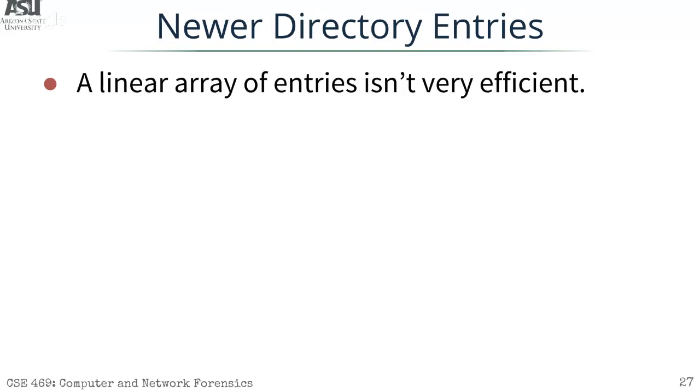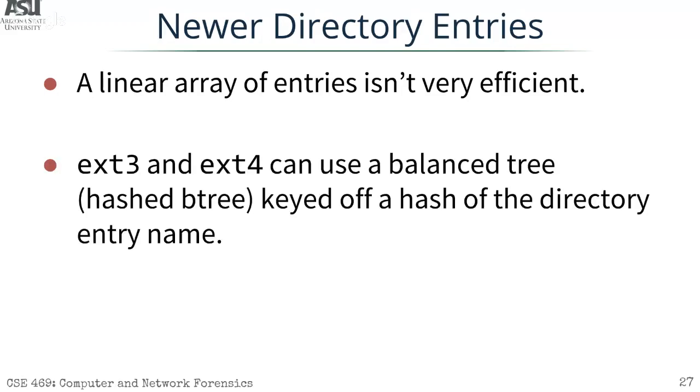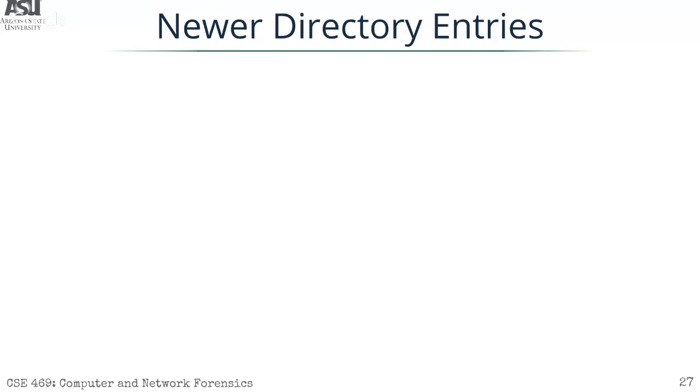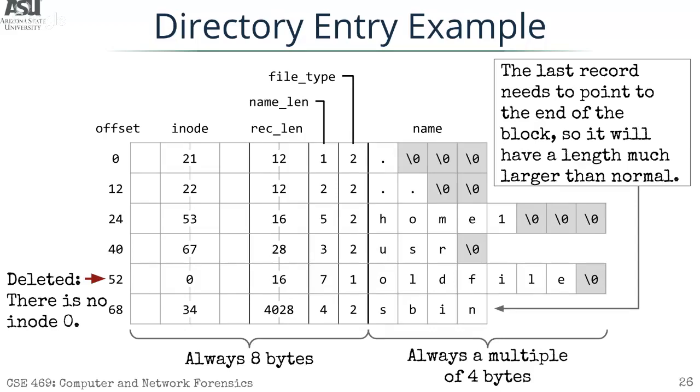So ext3 and ext4 have this option of using a balanced hashed B tree that is keyed off of a hash of the directory entry name rather than it being sequential like that. So if I were to hypothetically ask you an exam question on directory entries, it would be about something that looks like this. Hypothetically.